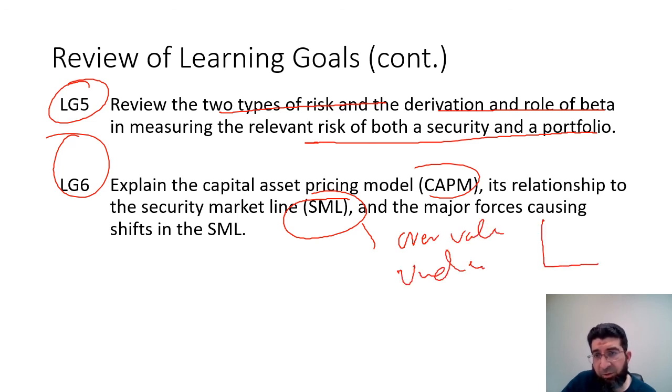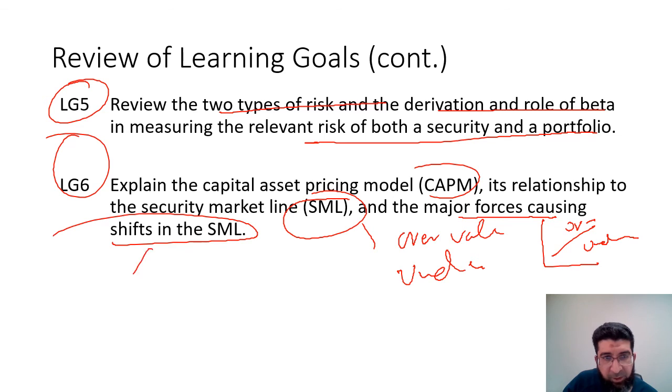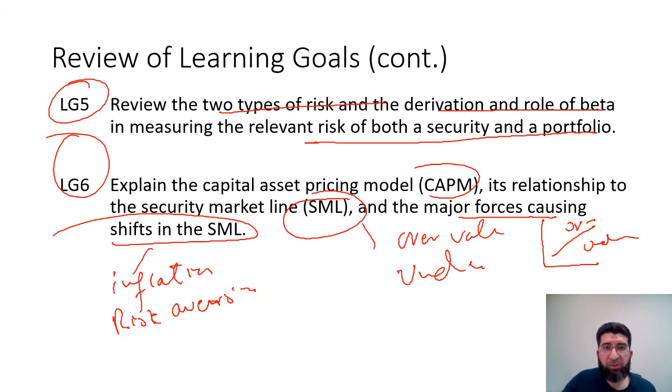If it's on top of the graph, it's overvalued; if it's below, it's undervalued. We have also discussed the major forces causing shifts in the SML, which are inflation and risk aversion. So if the market risk profile changes, the SML will shift. This is all from risk and return, and for now, thank you.